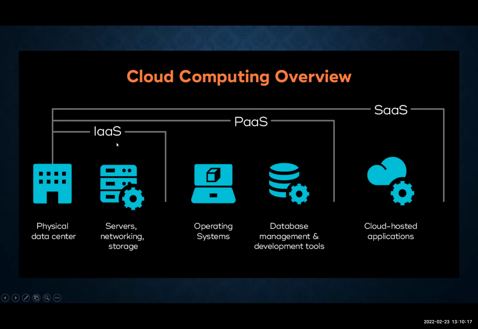So infrastructure as a service becomes this concept of we're not going to be using our own physical servers and networking and storage. We're going to leverage someone else's, the cloud. And that's what infrastructure as a service is. So it's a service of all of our infrastructure, these things, servers, networking, storage, databases, APIs, things like that, all being hosted in the cloud for us.